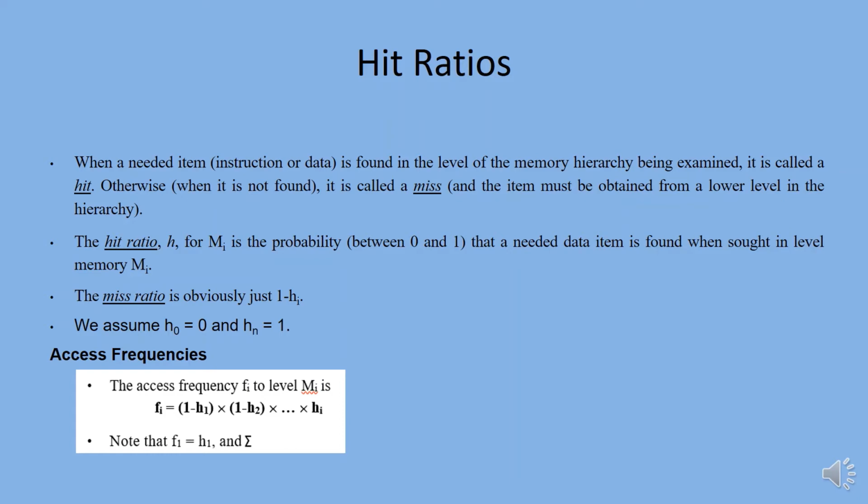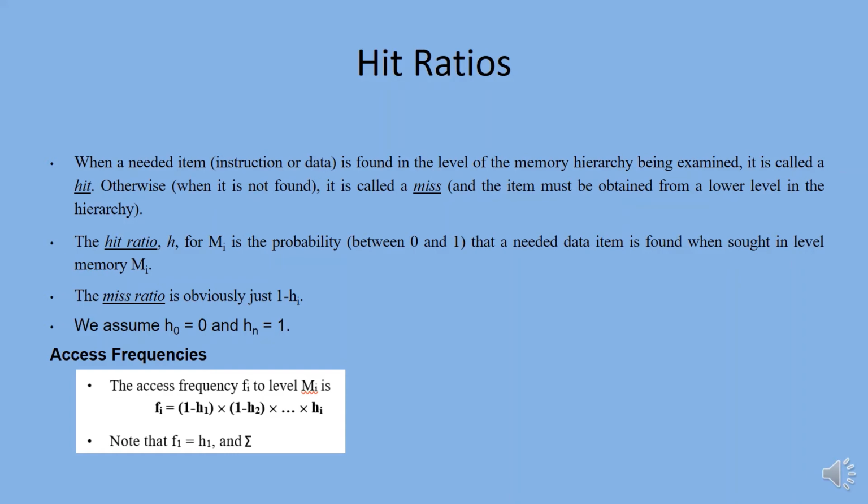The access frequency to Mi is defined as Fi equals (1 minus H1) times (1 minus H2) times ... times (1 minus Hi minus 1) times Hi.